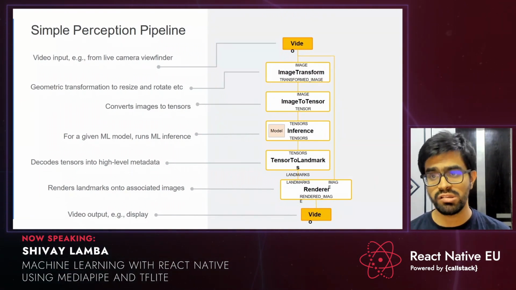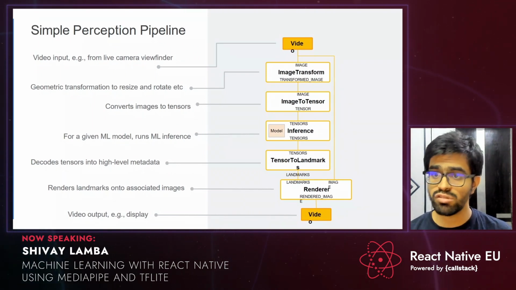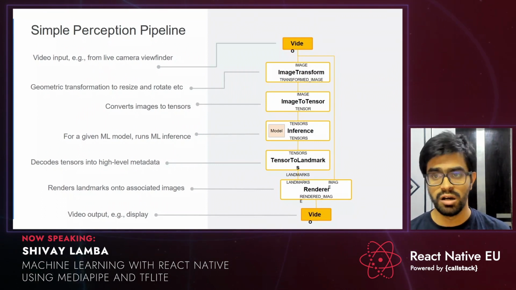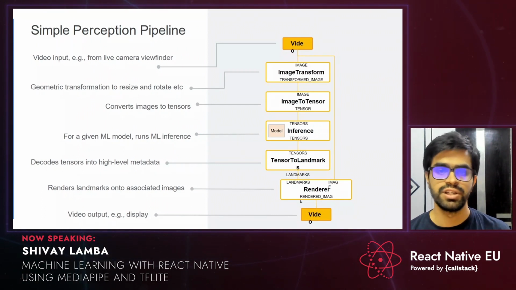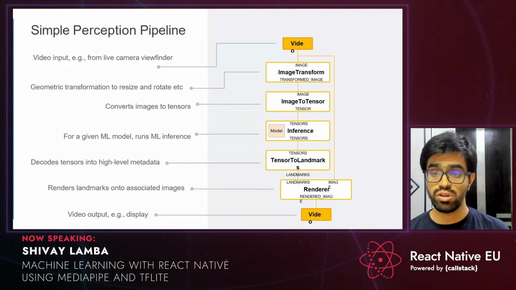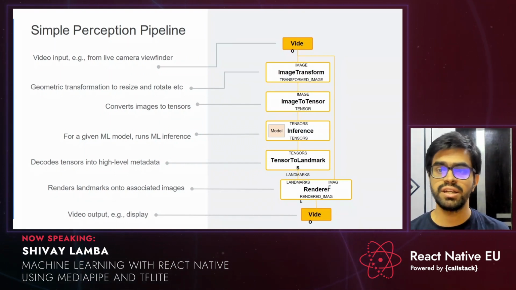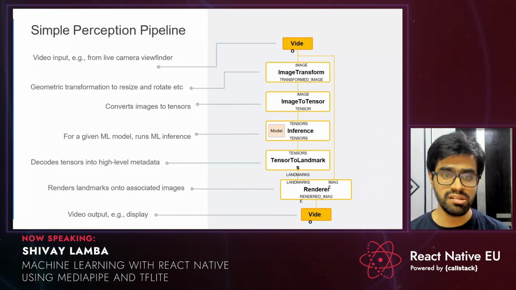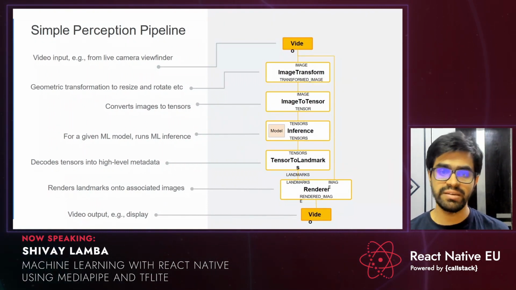Then you'll see the next process taking place, which is basically the image transformation, which takes in your video input and converts it into a relevant size that is required by the image processing algorithm. And once it has been resized and scaled to a relevant size, we are converting that image into tensors.